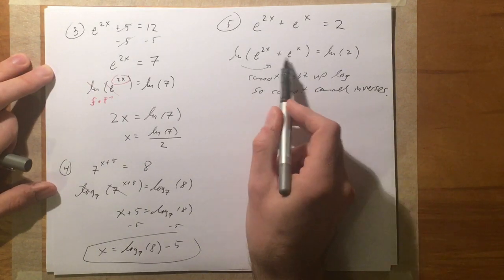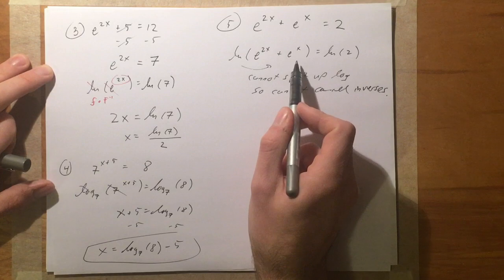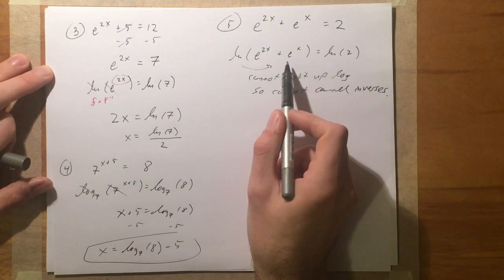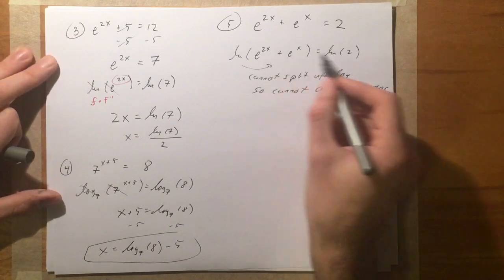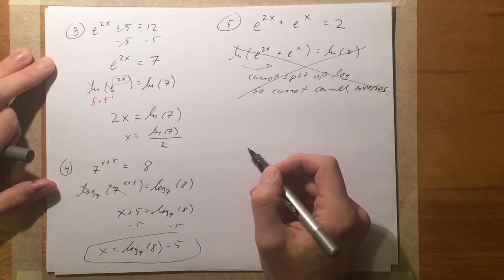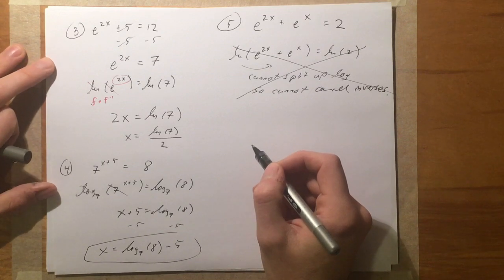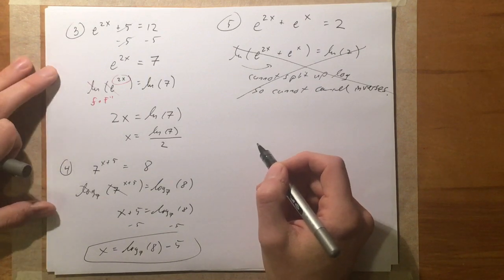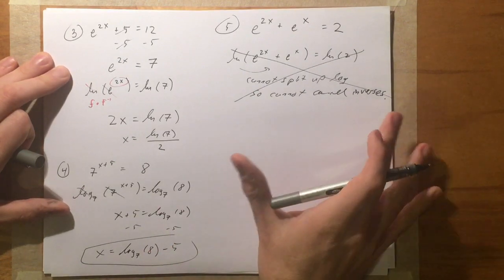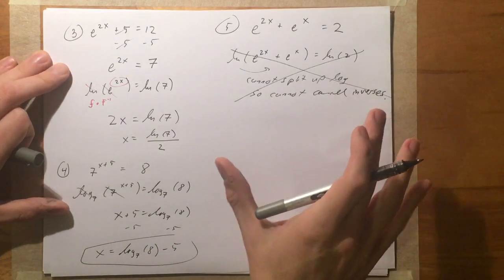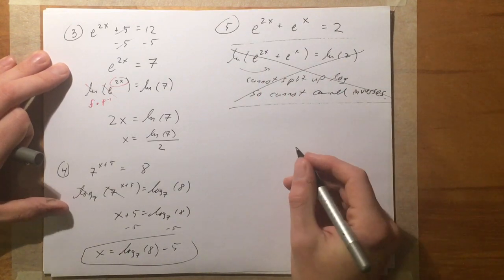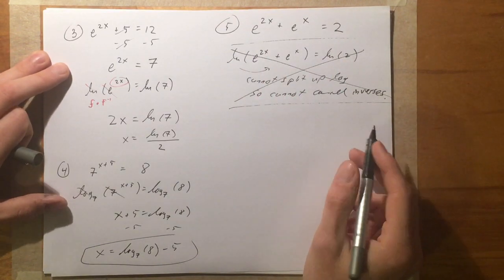But since it's the log of the sum of exponential functions, we can't just cancel the inverses there. So actually this step is not a useful step any longer, not as a first step at least. We might do something like that later on, but our first step in this problem has to be something completely different. And this is something that kind of comes out of nowhere, and you might not think to do this unless you've seen examples like it before, which is why I'm showing you one.